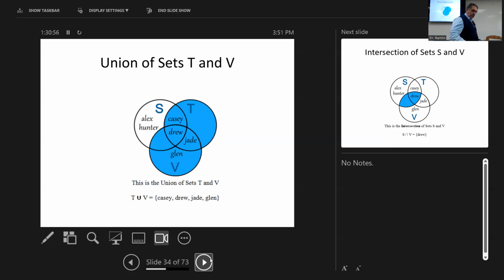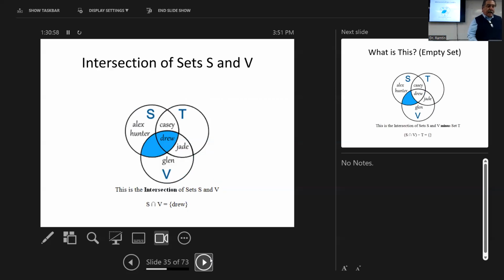The intersection of sets S and V, the ones that are members of both, who play both soccer and volleyball, is Drew, and this is the area. And you write it like this: S intersection V.